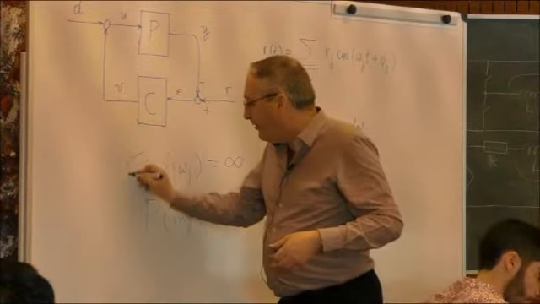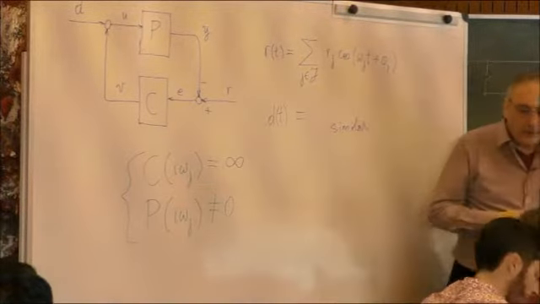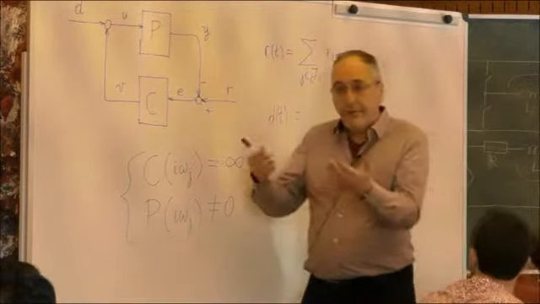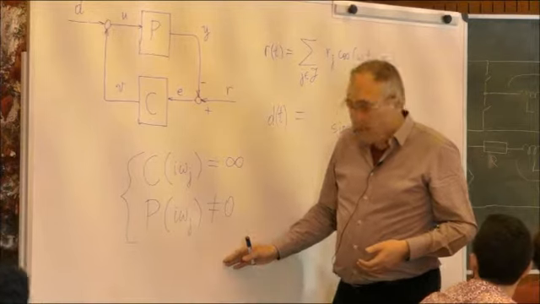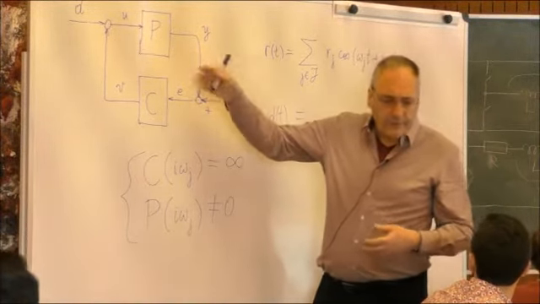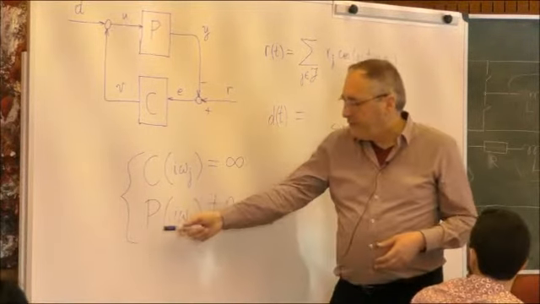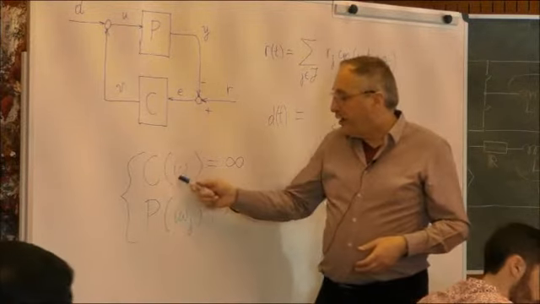This is what we need in order to solve the problem. First we have to check that the plant is not 0 at those frequencies. I'm still talking in the SISO case, but of course we will generalize this to MIMO.